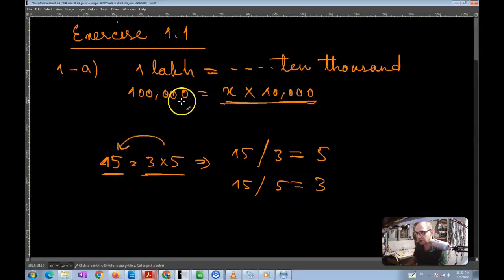And here again we have two numbers multiplied together and another number on the other side of the equation. So it's the exact same situation, right?